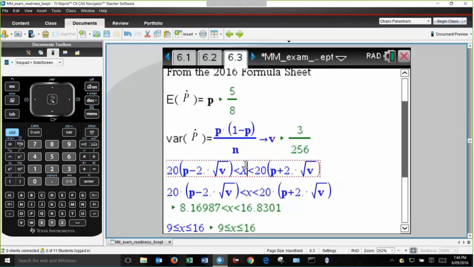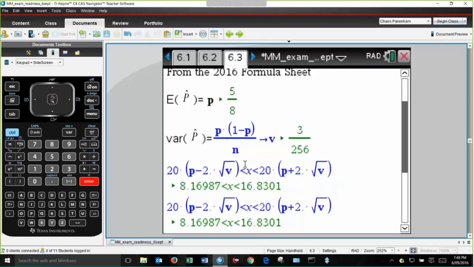And x has to be greater than 8.17 and less than 16.83.